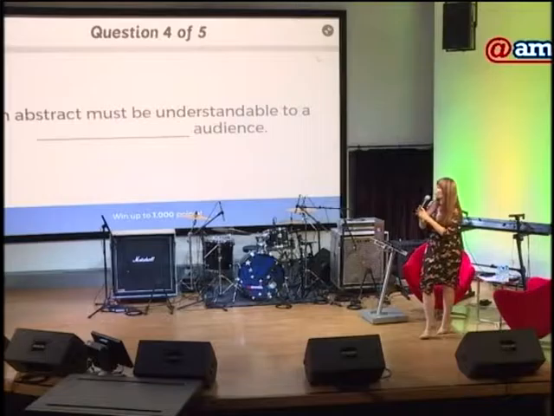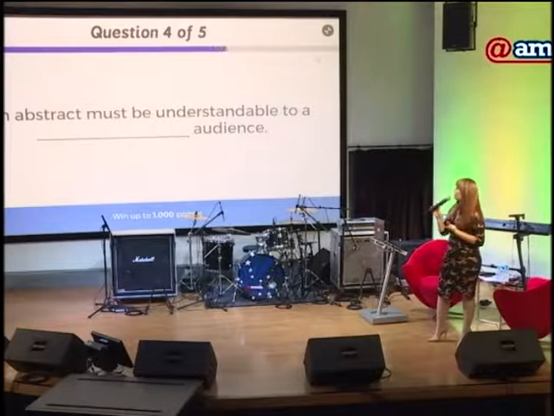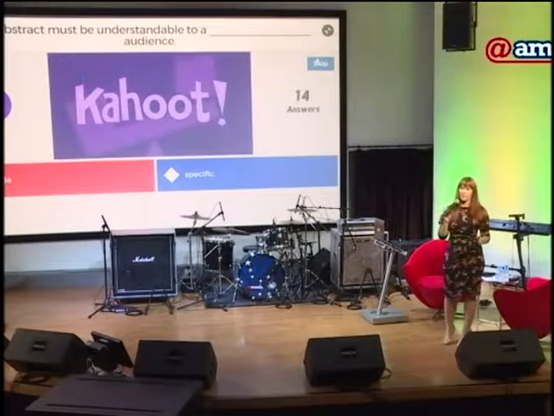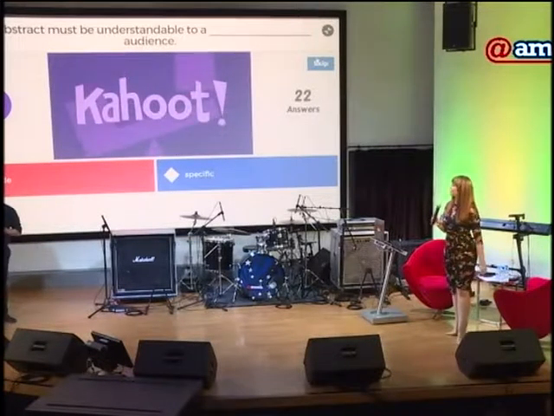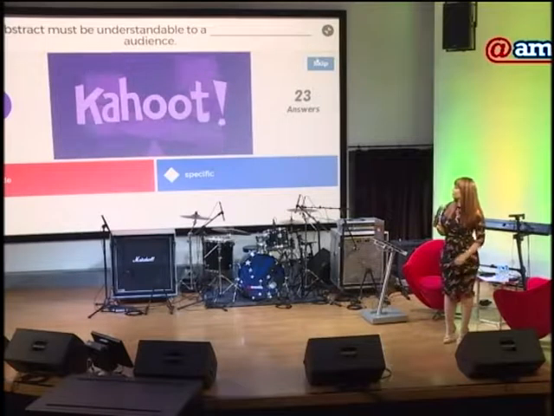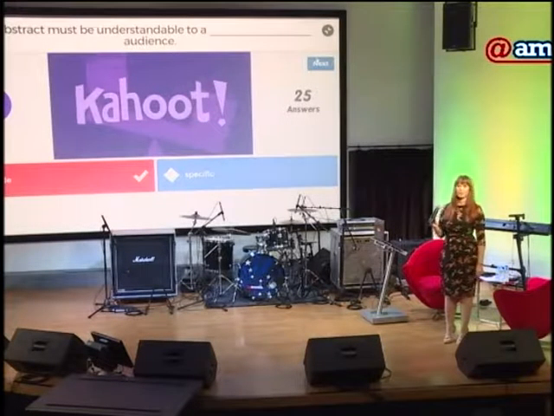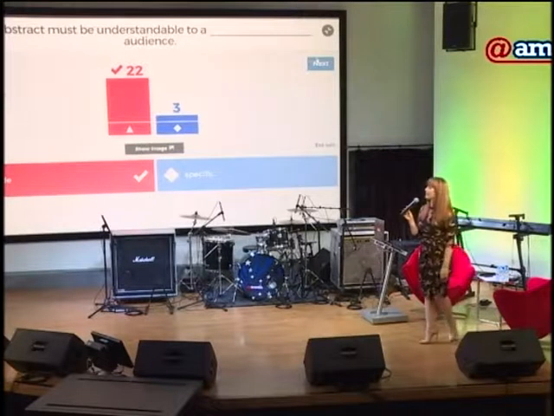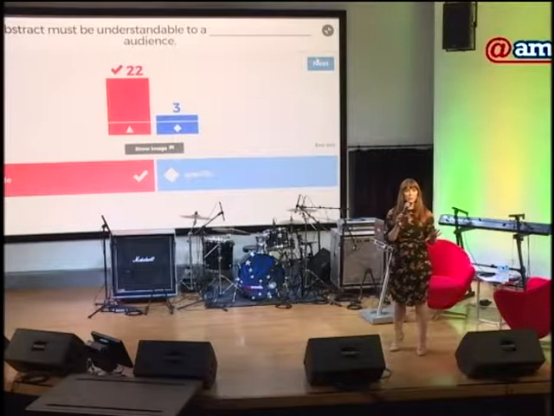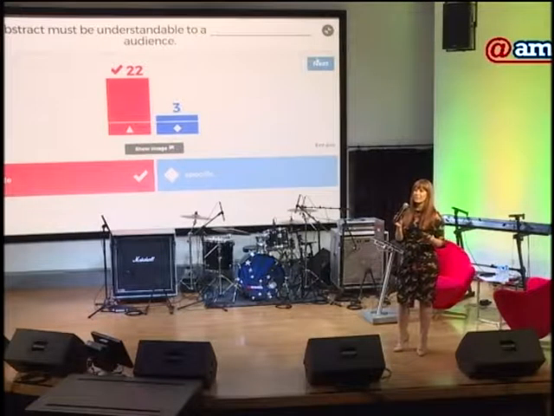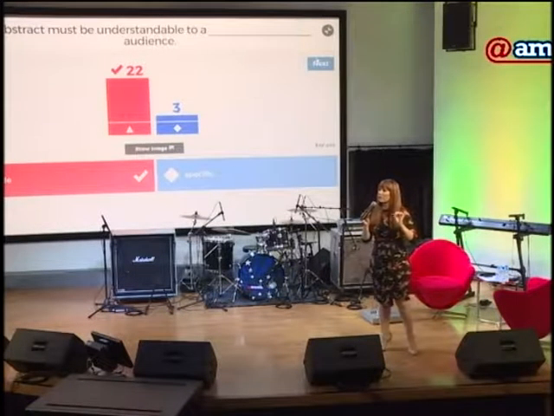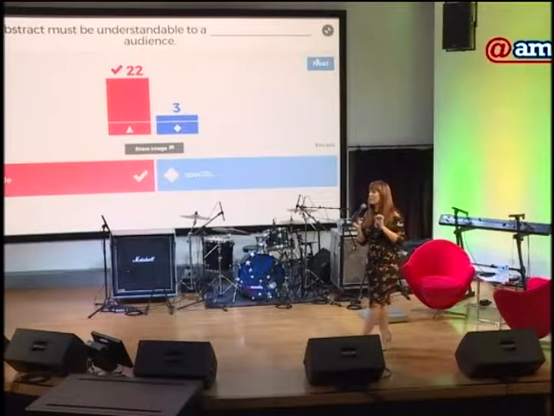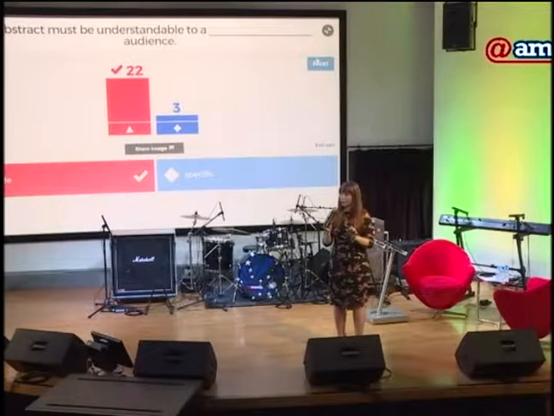Okay, question 4. An abstract must be understandable to a whole or wide or specific. Let's see. A wide audience. Yes, when you write an abstract, remember, millions of research papers are written each year.